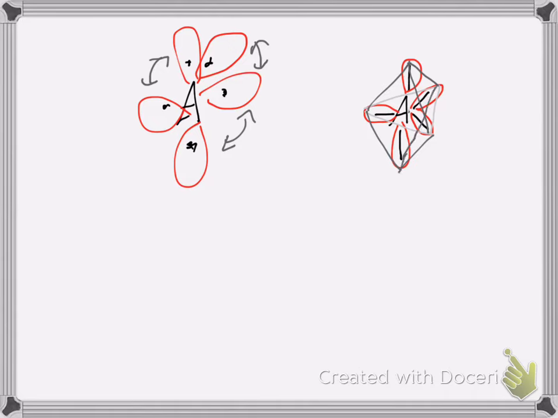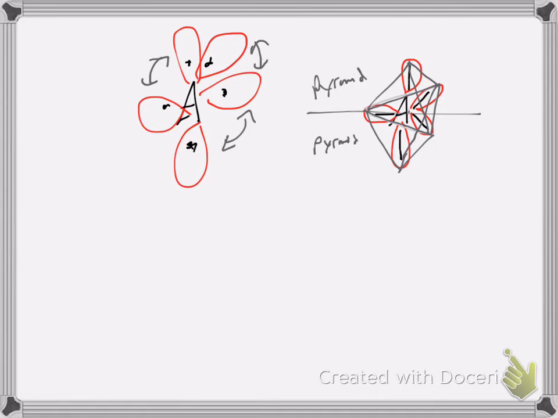So we have what we consider here trigonal bipyramidal. Bi as in 2, and we have a pyramid on top, and we have a pyramid on bottom. One pyramid up here, and one pyramid down here, and they're kind of mirrored images of each other.